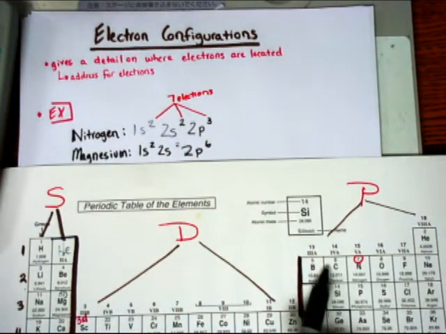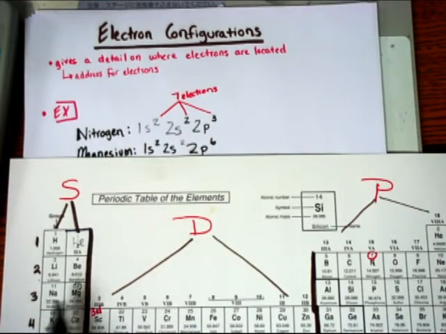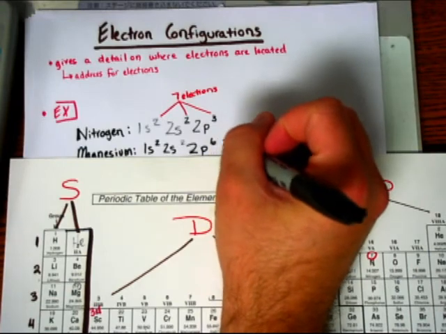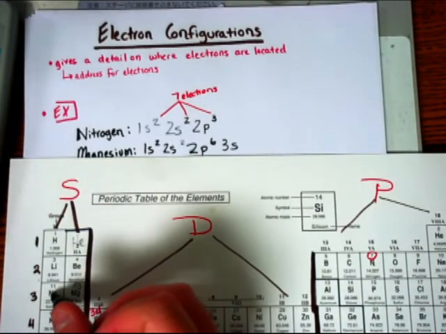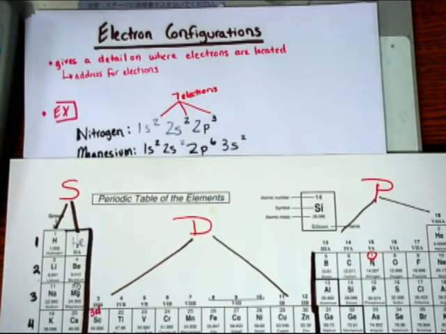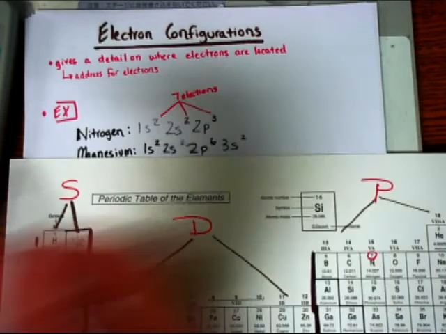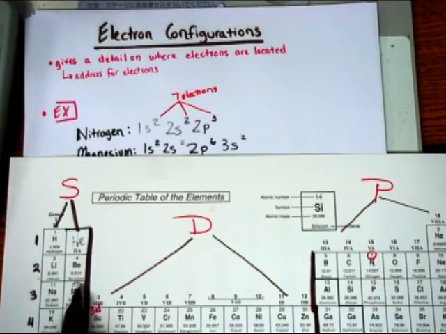What's after 2p? 3s would be next. And since I want to get to magnesium, I don't need just one, I need my second one. Now count up your superscripts and tell me what all these numbers add up to be. So you've done it correct, because that's what you're supposed to have. Good?